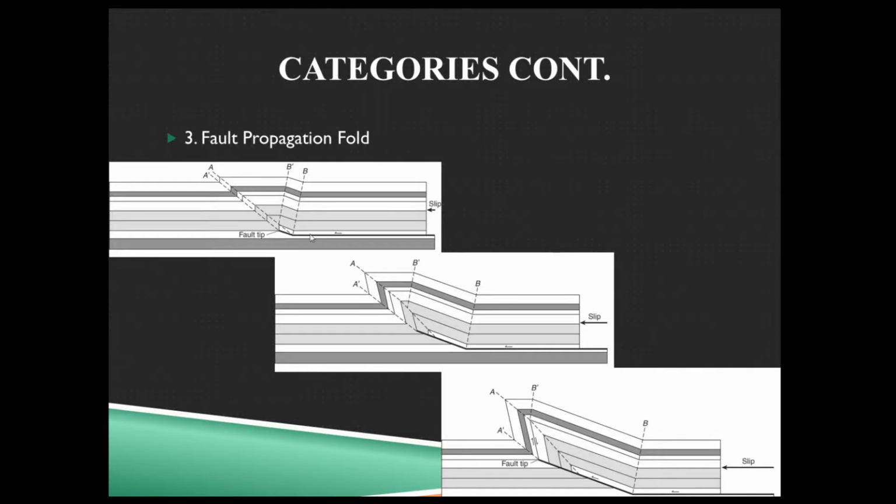You can see the progression from time 1, time 2, and time 3 on the bottom right. The fault is now cutting through more and more layers, still not reaching the surface. And to form an imbricate fan, this fault will never reach the surface. This fault tip will actually die out, and a new fault will start to the left of what's shown here.